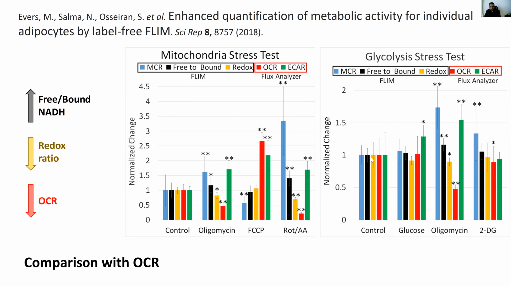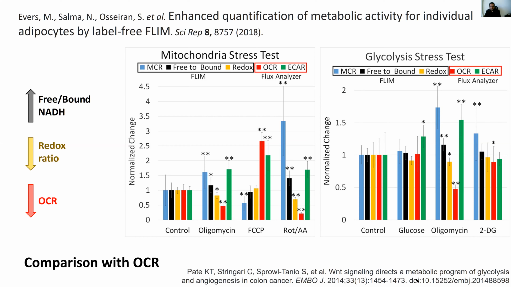Glucose, oligomycin, 2DG, you look at the glycolysis, and again, if this goes up, this goes down, this goes up, this goes down. So there's a very good correlation between different types of measurement, and we can say that, okay, we can see it.